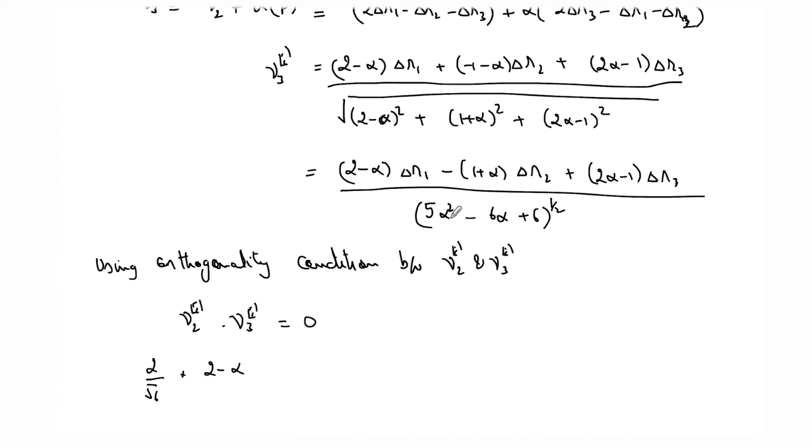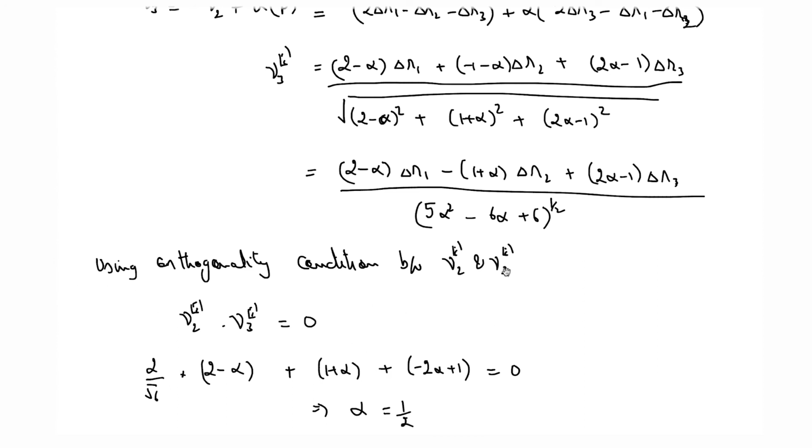Actually, this normalization is not required, because it will be a common factor in all three, so this will go to 0 anyway. So it's not required to put it here. Plus (1 plus alpha) plus (minus 2 alpha plus 1) equal to 0, and this gives me alpha equal to half.